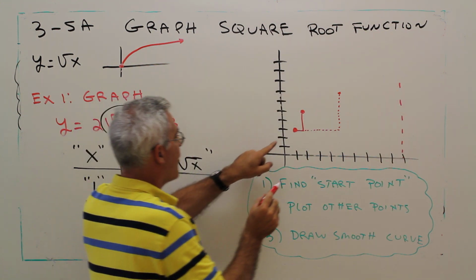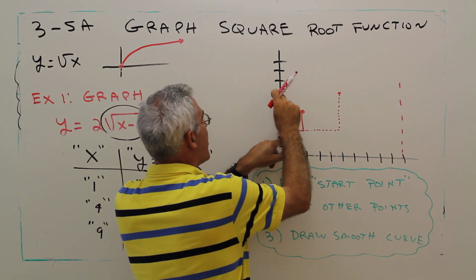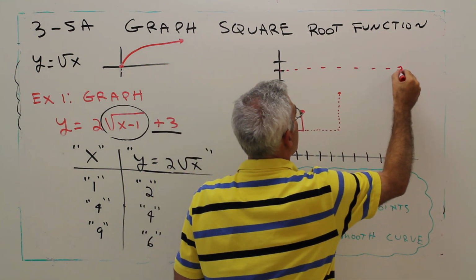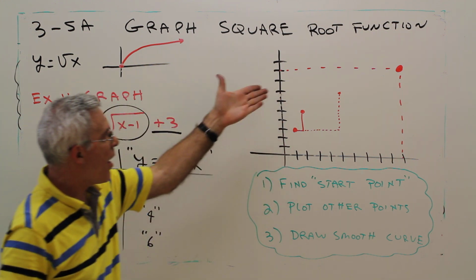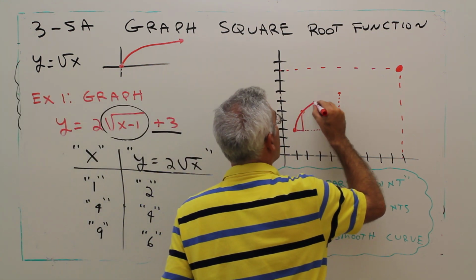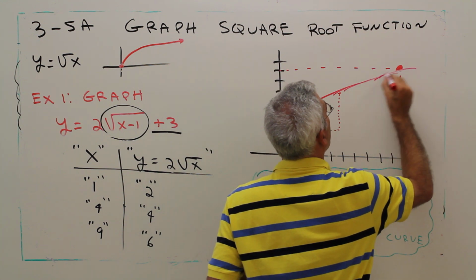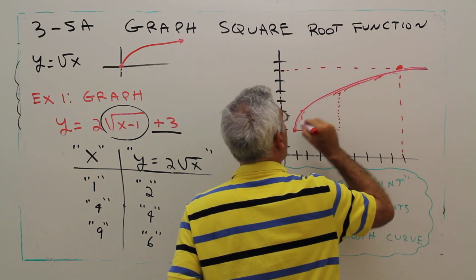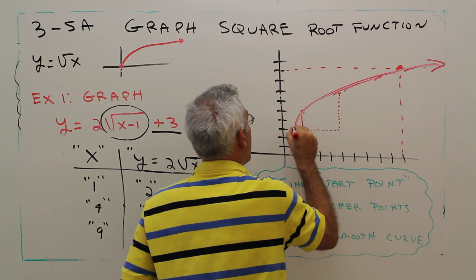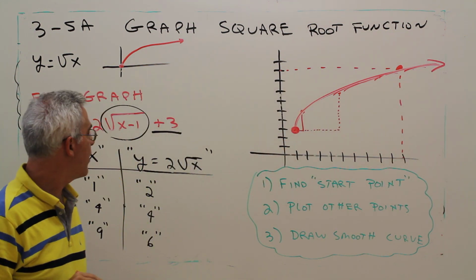And 6 units up, 1, 2, 3, 4, 5, 6. And I've got my points. I'll just make a smooth curve. I'll emphasize that's my starting point.